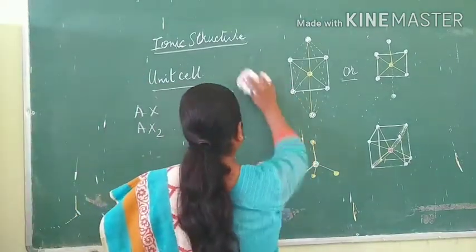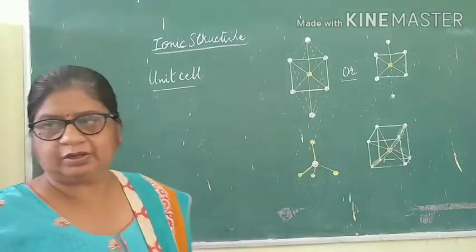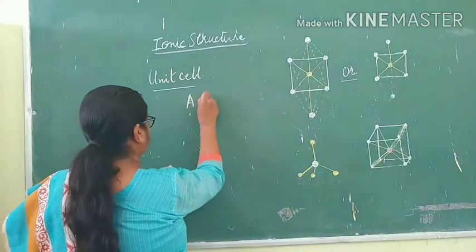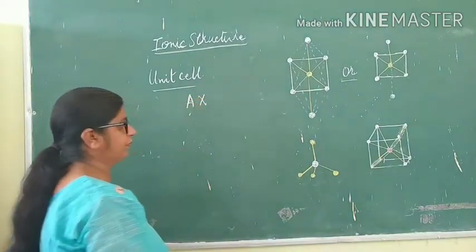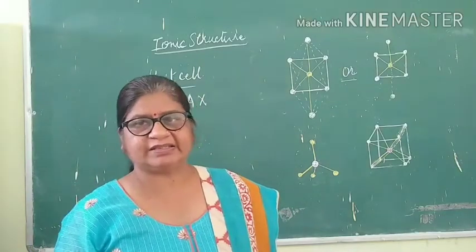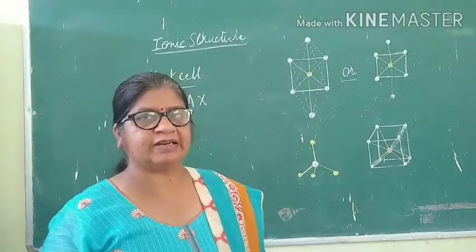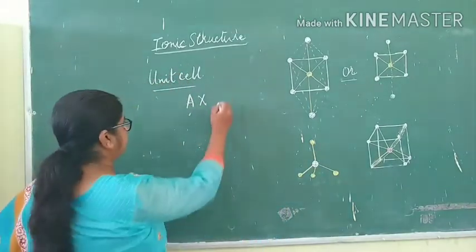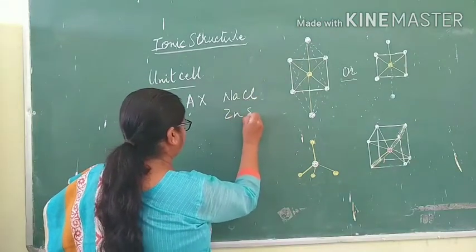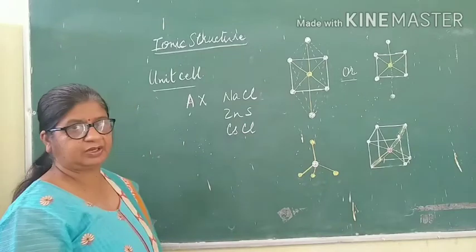That is, the coordination number of both the ions will be the same in AX type. Here, we will study the sodium chloride type of structure, zinc sulfide type of structure, and cesium chloride type of structure.